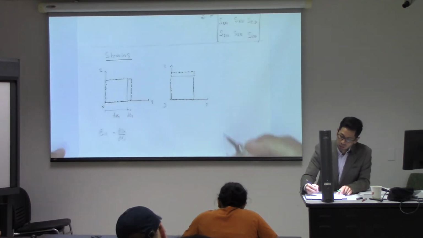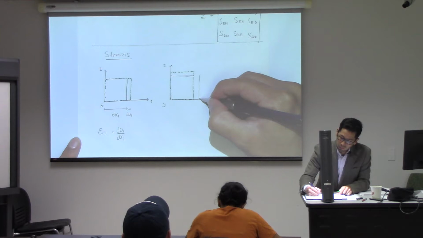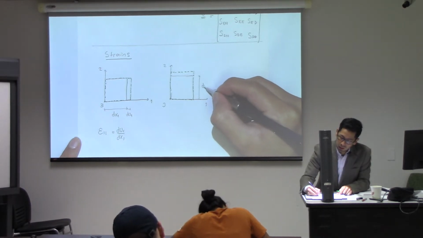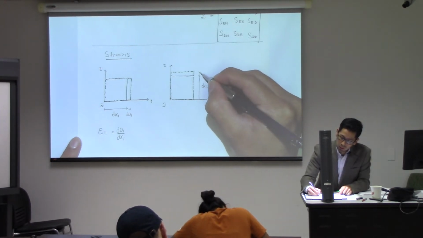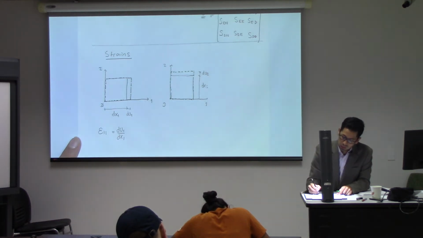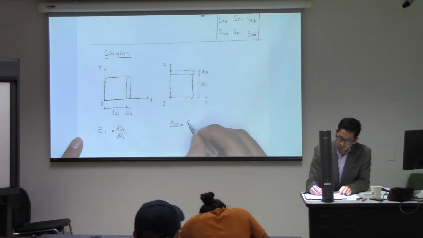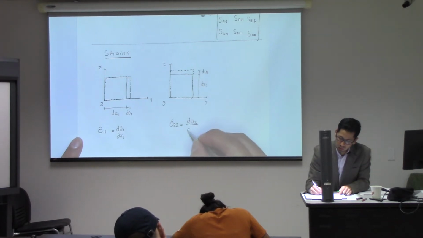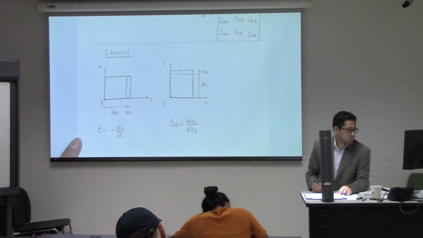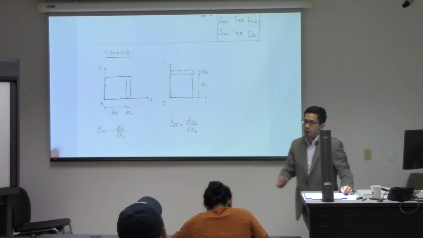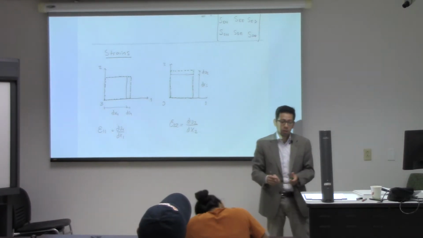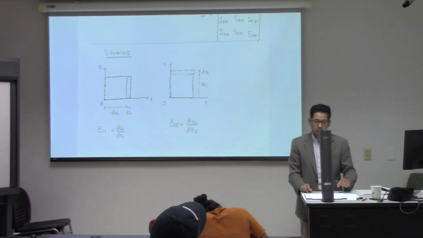Now look, I'm writing this is going to be dx2, and this is going to be du2, and epsilon 2 is just going to be du2 divided by dx2. It's the same thing. You could do it also in the third dimension. It's going to be exactly the same.